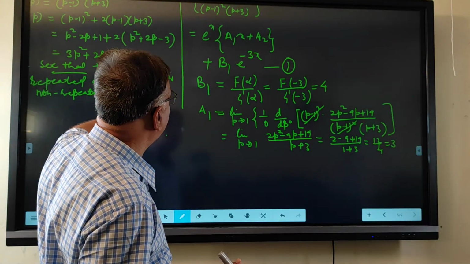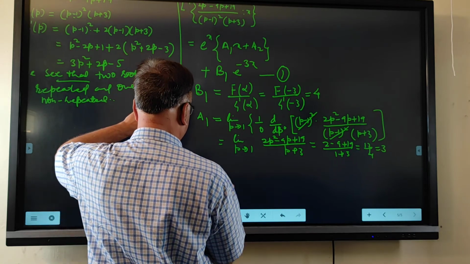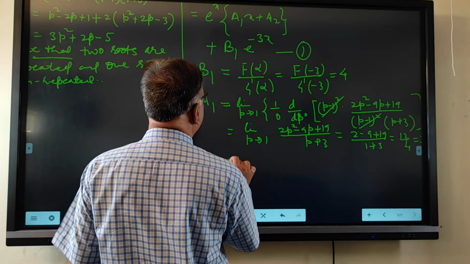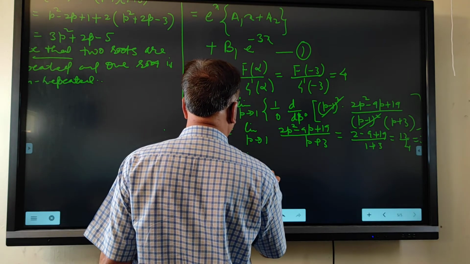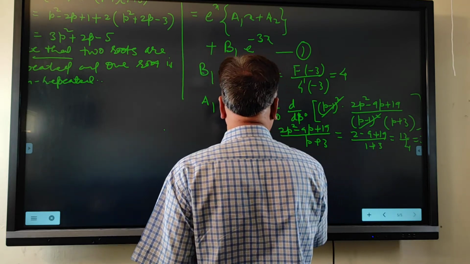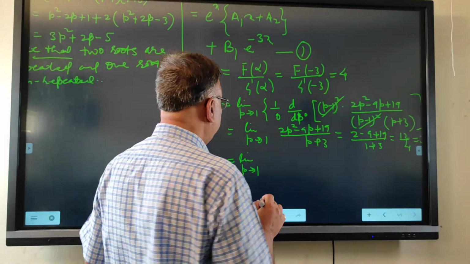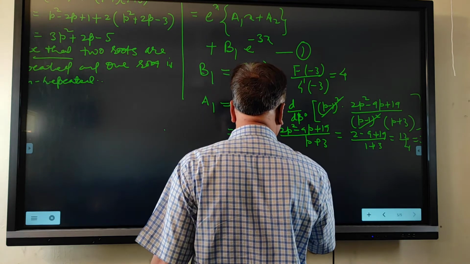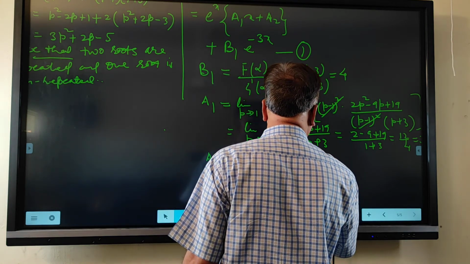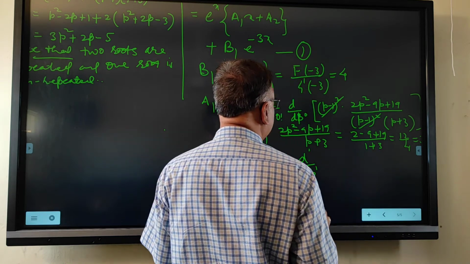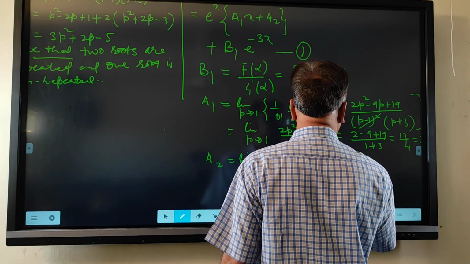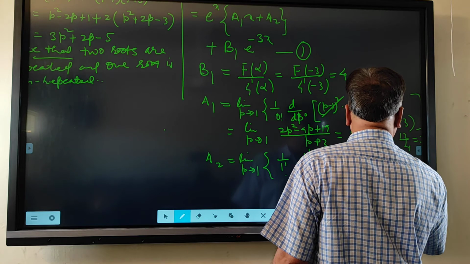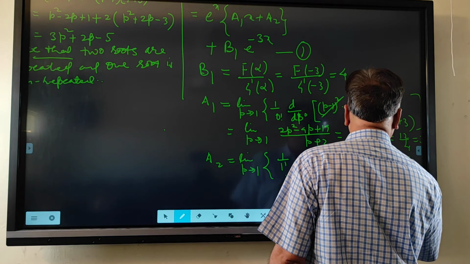Now to find the value of a2, a2 is equal to limit p tends to 1. Here k is 2, so we get 1 upon factorial 1 into d upon dp of (p minus 1) whole square into (2p square minus 9p plus 19) upon (p minus 1) whole square into (p plus 3).